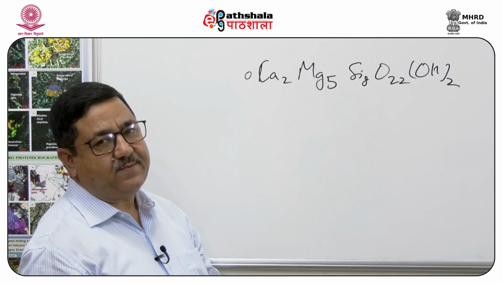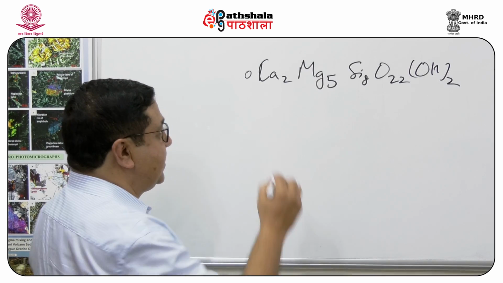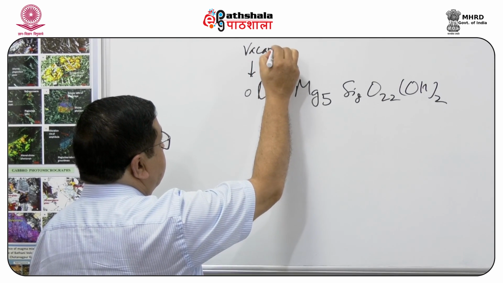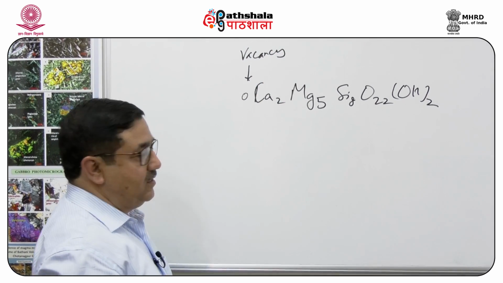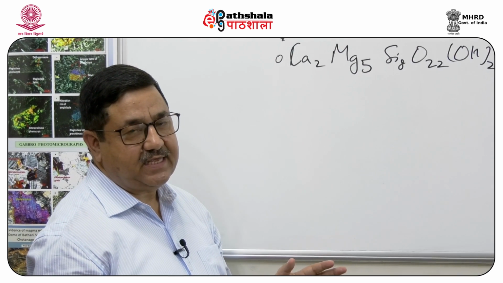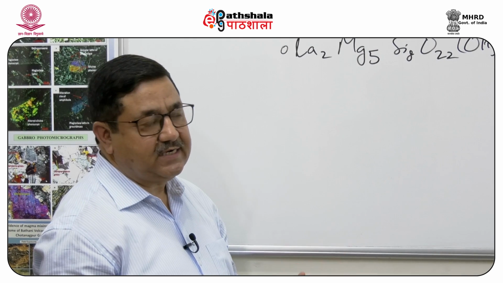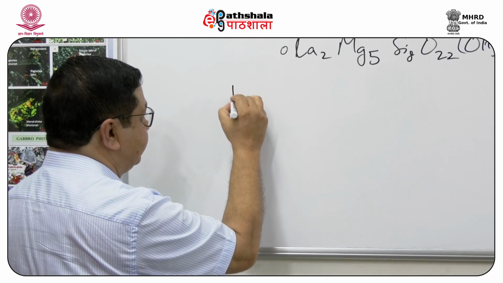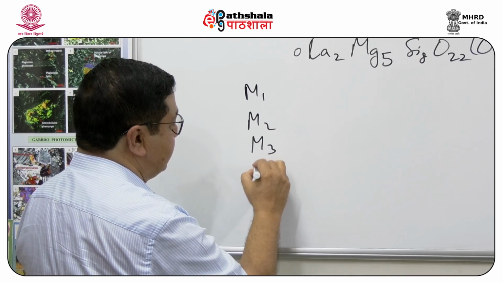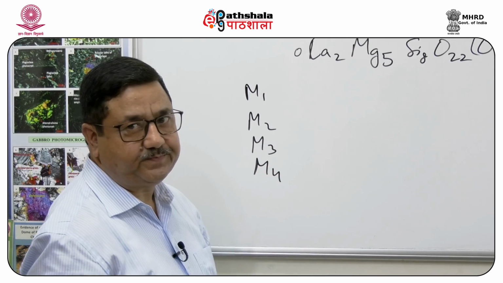Now, in a typical amphibole structure, this refers to vacancy, and in a typical amphibole structure, there are 4 octahedral sites which are termed M1, M2, M3 and M4.